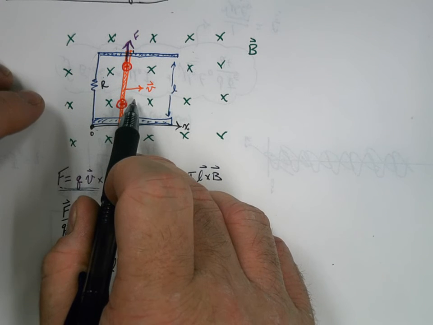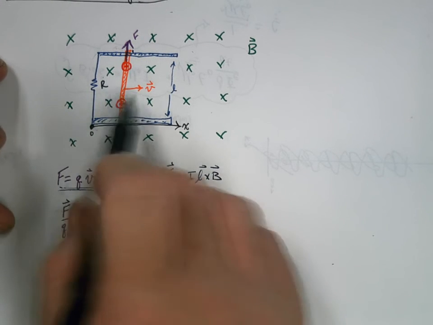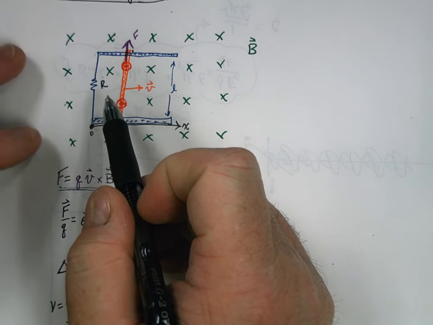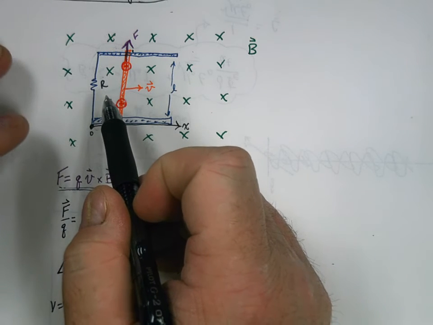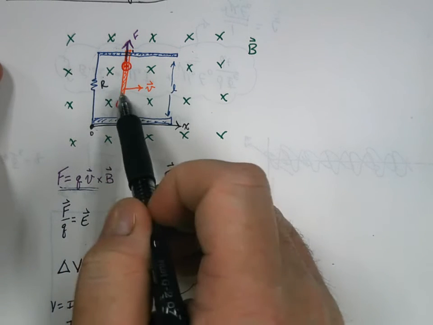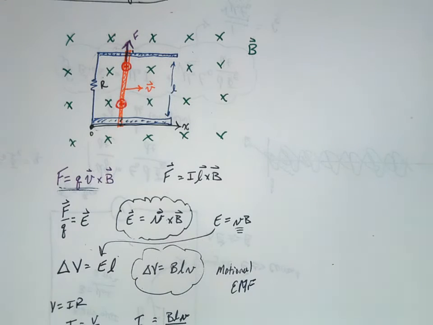Well, what if you already have something moving fast and then you engage a magnetic field? What do you think would happen to our current here? If we engage a magnetic field, all of a sudden we create a current that has its own magnetic field, and it makes this slow down.